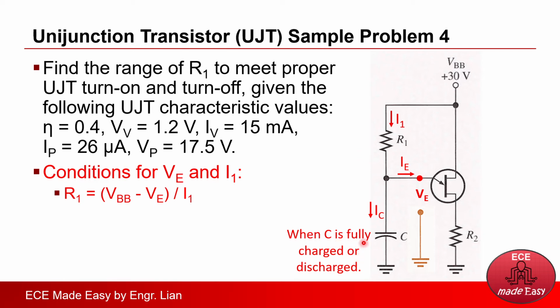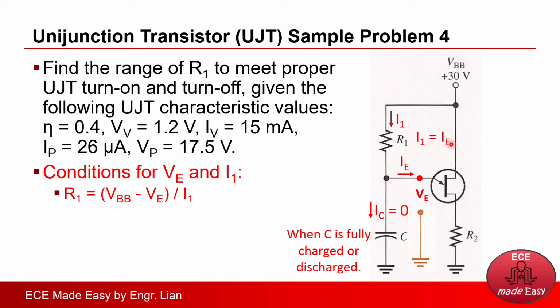When a capacitor is either fully charged or fully discharged, there will be no current going through or out of this capacitor, or IC is equal to 0. If this is equal to 0, therefore, I1 will no longer be split into IC and IE, but instead I1 will go directly to IE, or I1 is equal to IE.